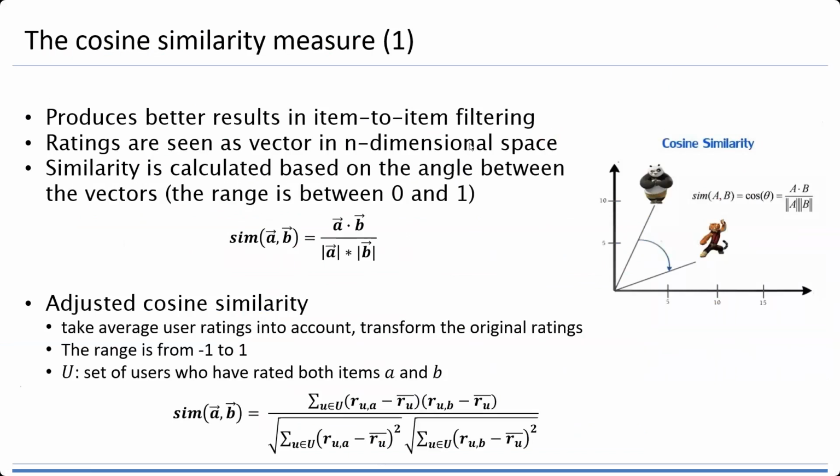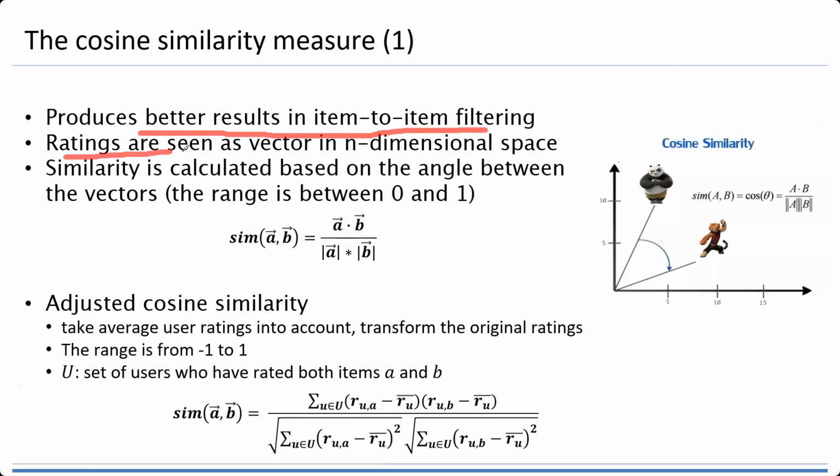Now let's use the cosine similarity. We already have an example of the cosine similarity like this one. In some research, they mentioned that it produces better results in item-to-item filtering.